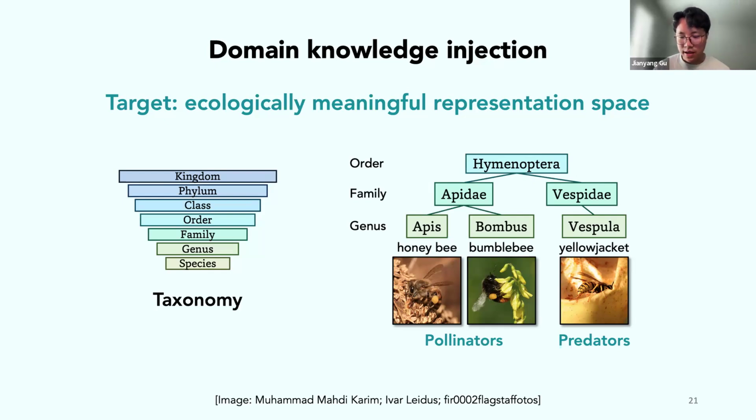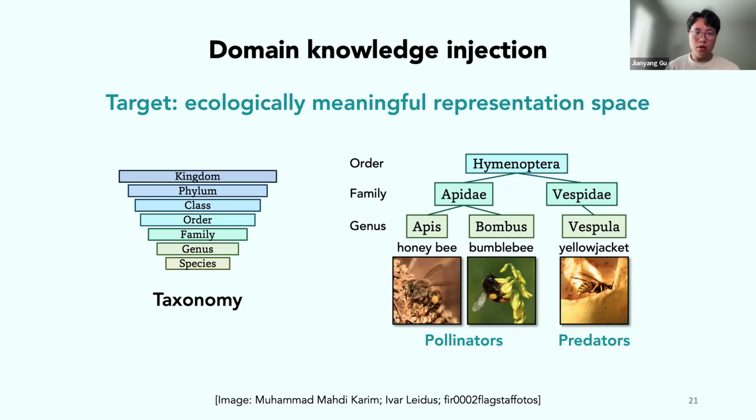So in some sense, they are all similar, but honeybee and bumblebee are closer in taxonomic distance, and also in their ecological roles, they are more of pollinators, and in comparison, yellow jacket is more of a predator. While this relationship does not always stand for all the taxonomy, it provides a valuable prior in understanding the ecological function and the ecological roles of different species.